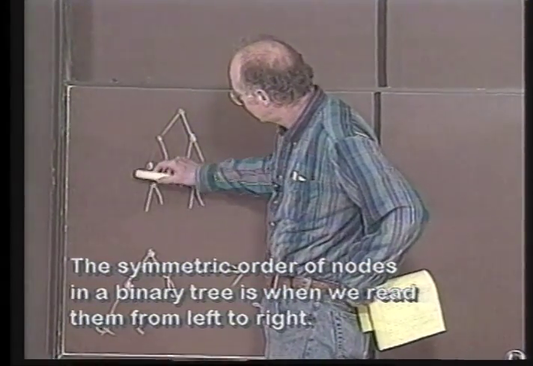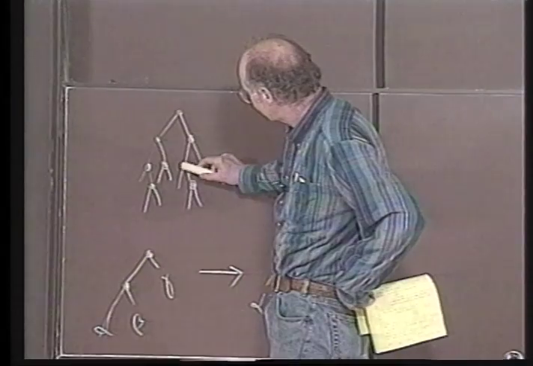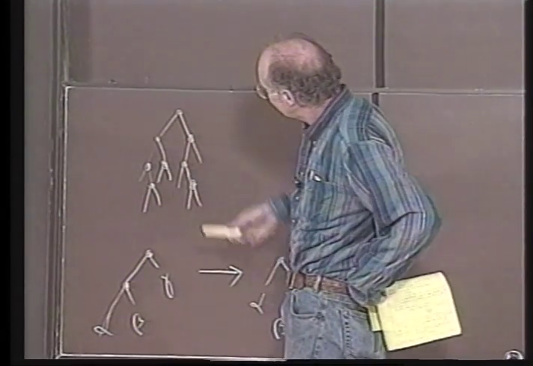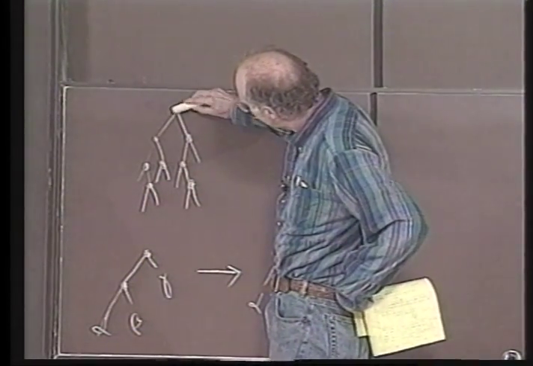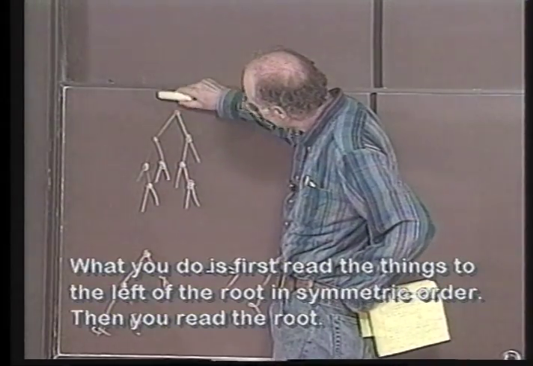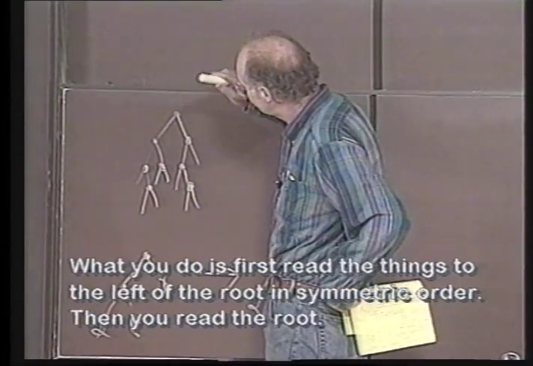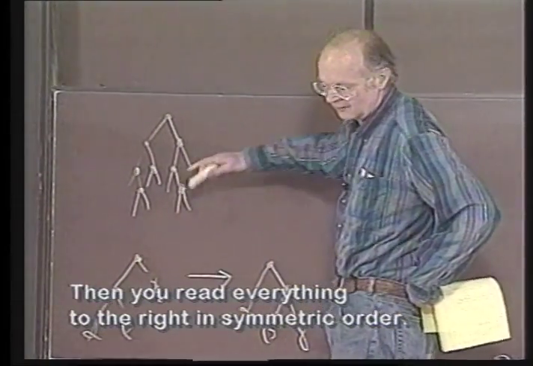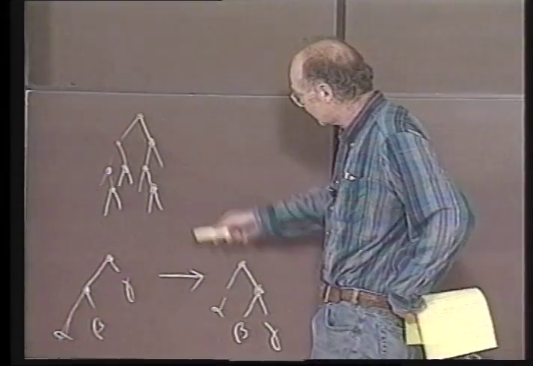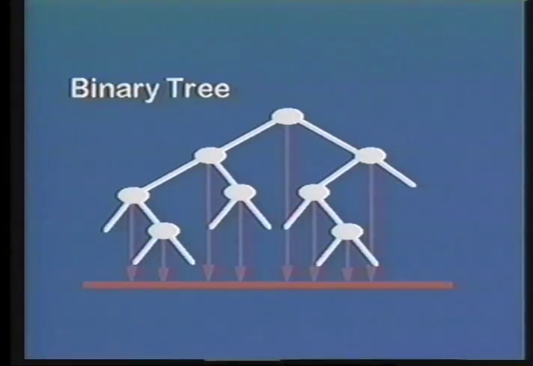This would be 1, 2, 3, 4, 5, 6, 7, 8. What you do is you first read the things to the left of the root in symmetric order, then you read the root, then you read everything to the right in symmetric order. Or if we projected all of these things down without any lines crossing, it would be the order in which they hit the horizon.